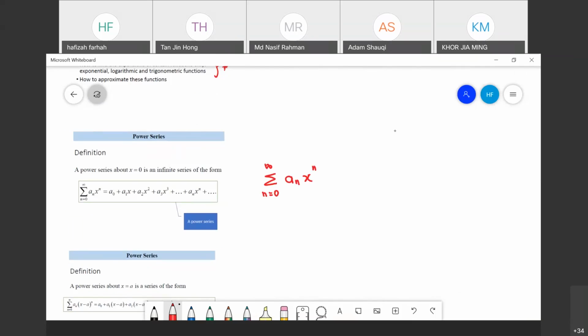Then from here, we expand this: n starts from 0, we have a sub 0 x to the power of 0 plus a sub 1 x to the power of 1 plus a sub 2 x to the power of 2, up until a sub n x to the power of n and up to infinity. So this is the power series that is centered at x equals 0.